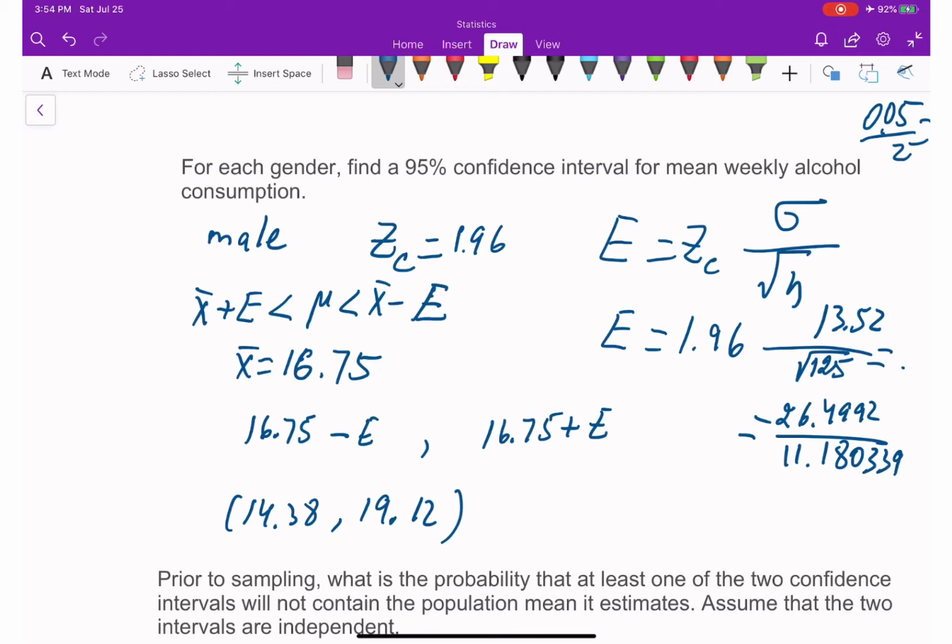Okay, let's divide. 26.4992 divided by 11.180339. We get 2.37 approximately.